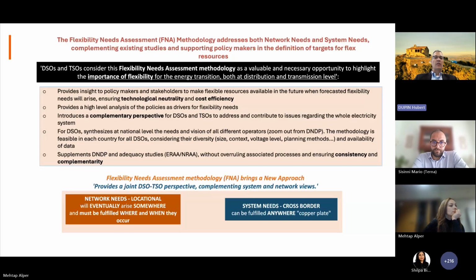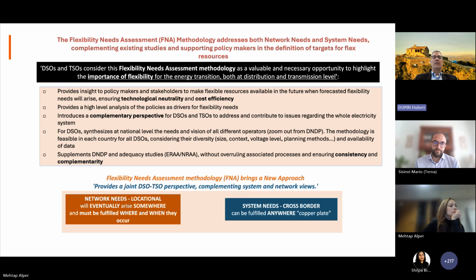We have the network development plans that assess how much flexibility is there, but also we believe that through this methodology, we can provide some feedback to policymakers. This methodology will induce such and such flexibility mechanism. In particular, as you know, we connect a lot of renewables.